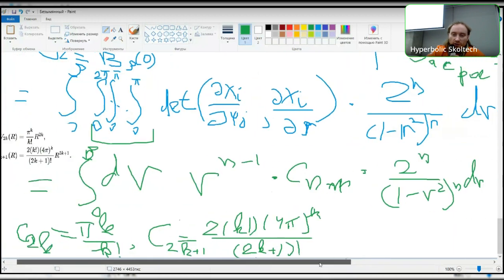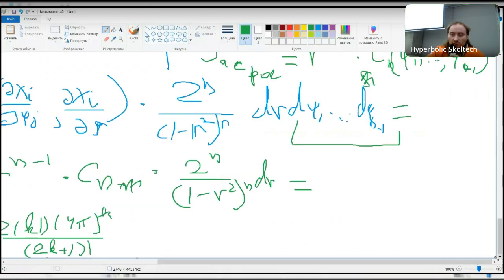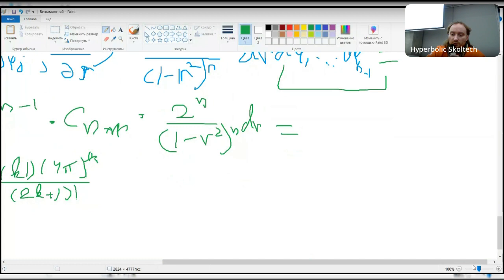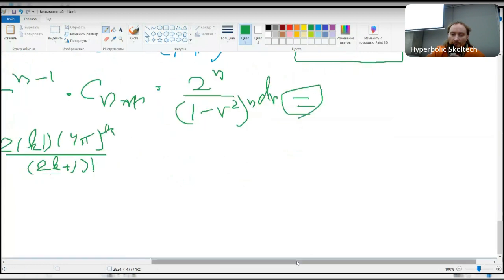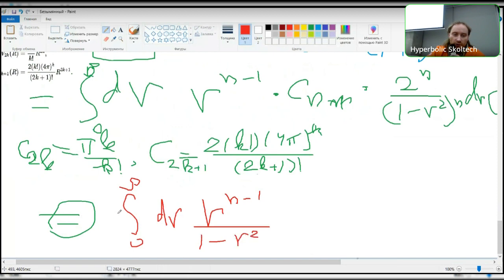So actually what we have to do now is just to integrate this function on R. So it equals the integral from 0 to R of rho dr, r to the power n minus 1, where the constant depends on n.